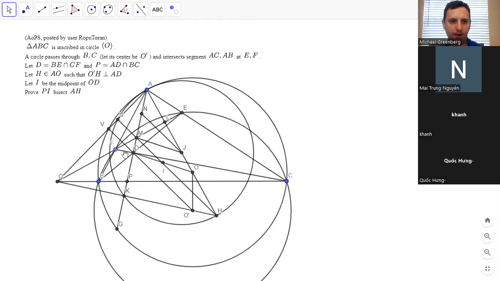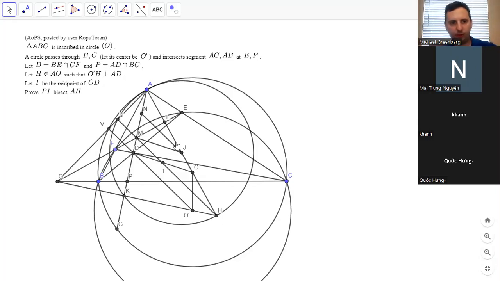So homothety at A takes this circle to that circle. Okay, so this kind of looks like the power ratio. Then we have AU over AV is AJ over AO. And that would also be AM over AD, which would prove that those are parallel.